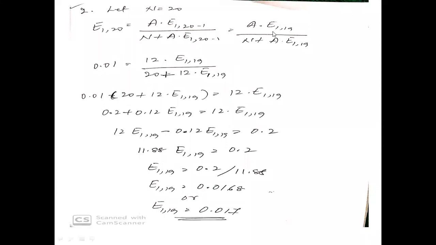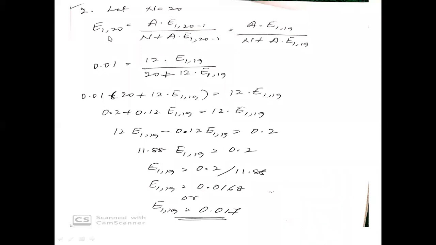This is the value that you are supposed to find, which is E(1,19). So in this second case we are assuming n to be 20.